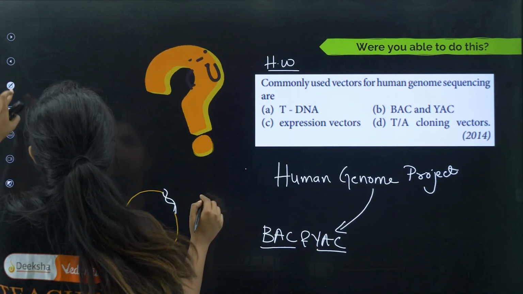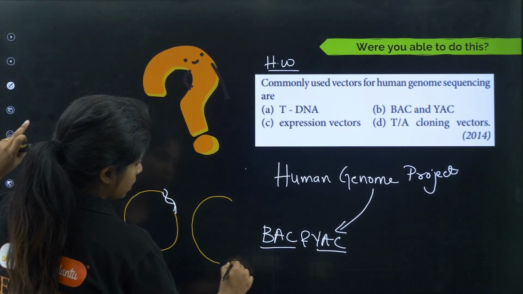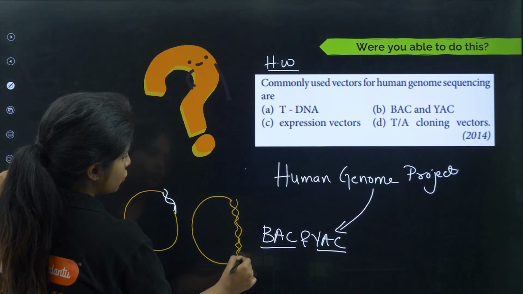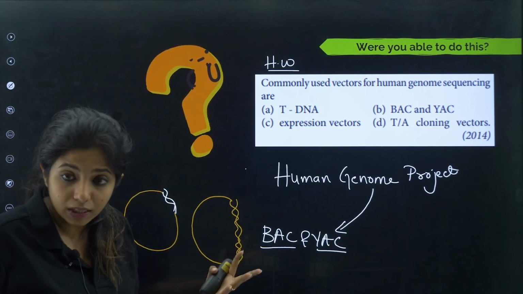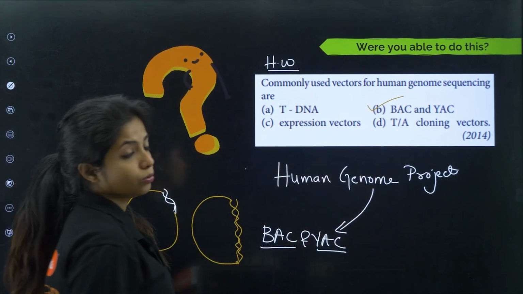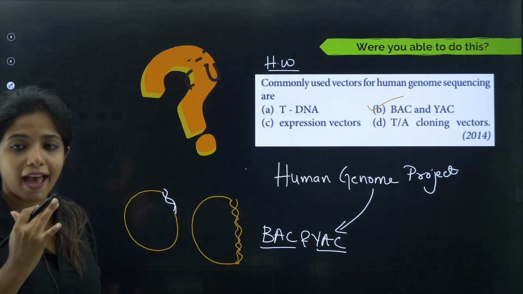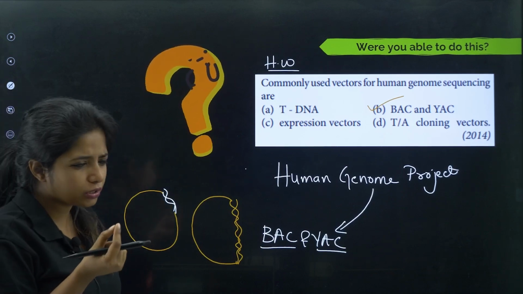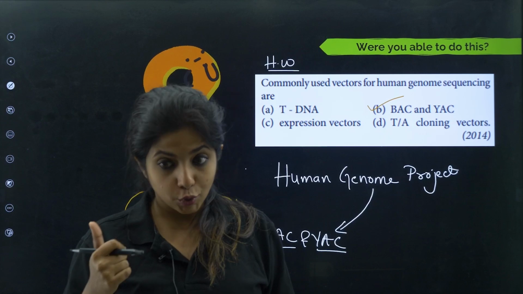Basically, BAC and YAC can accommodate a larger gene of interest, and that is what we need in human genome sequencing. So the correct answer was BAC and YAC. This came in 2014, my dear children. So if you pay attention to all these little details, you will be scoring really well.